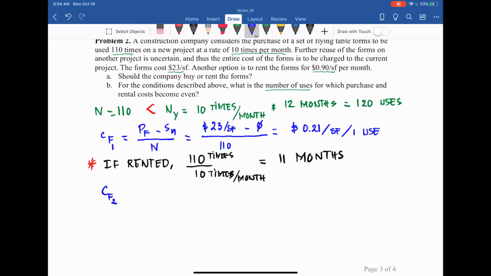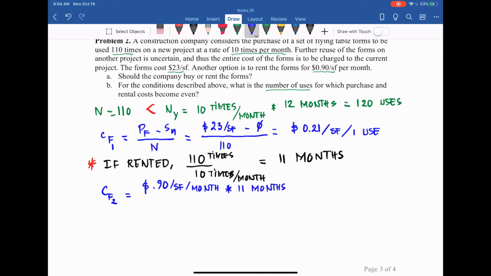So CF2 equals, for 1 month, 0.90 cents per square foot per month, and we have to rent for 11 months.